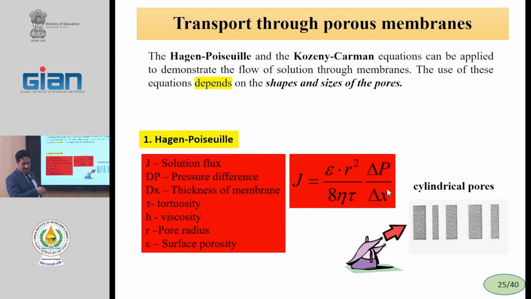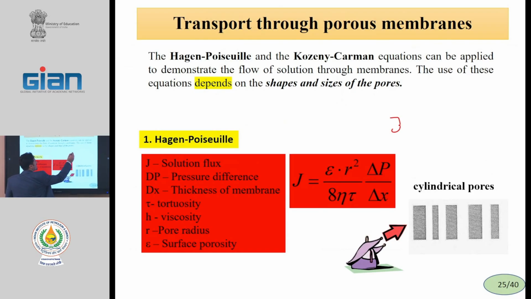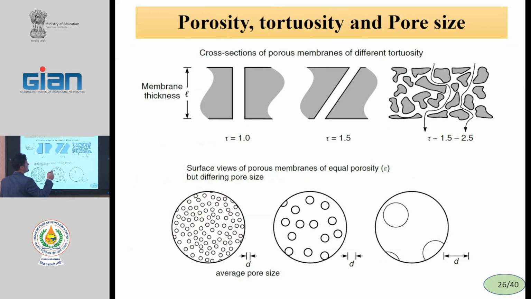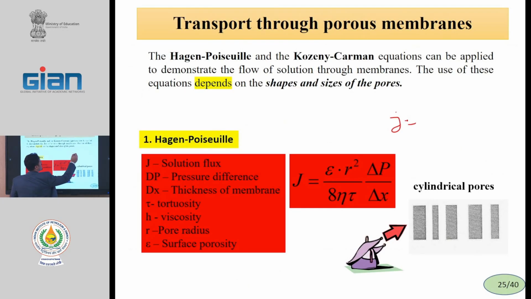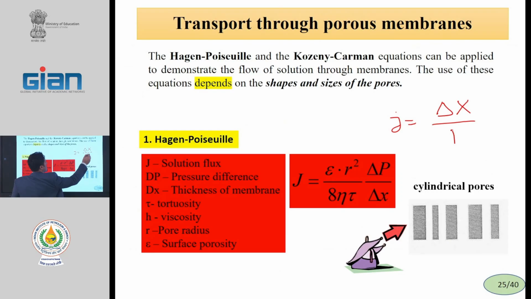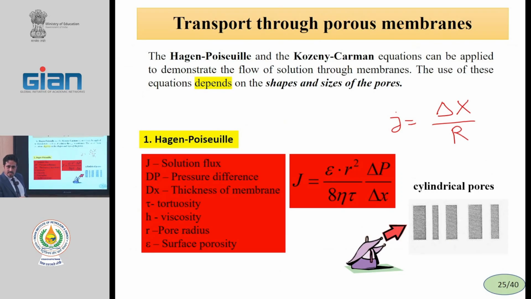In the mass transfer equation, we write that J is delta X per R. We see that for passing of one species through the membrane, we need the driving force, and we have a resistance that is against the passing.